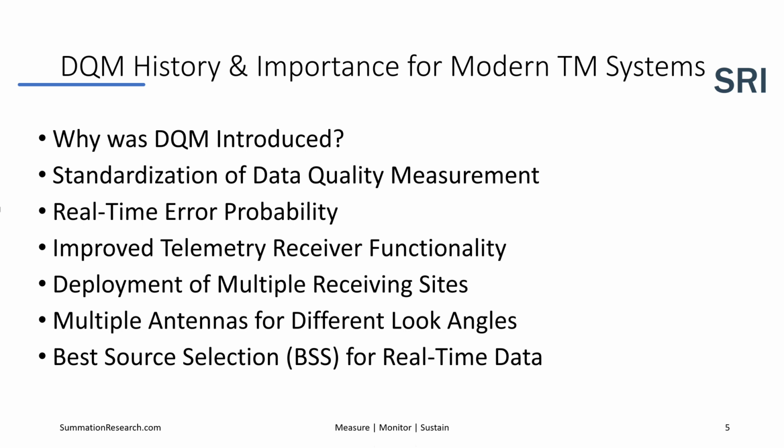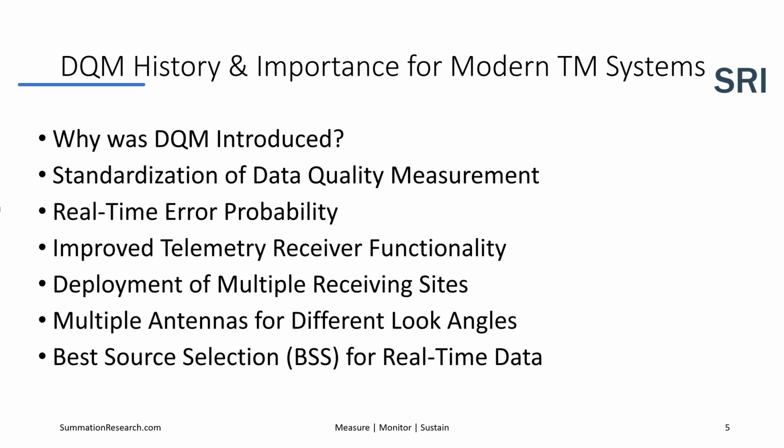Over time, ranges and the industry developed methods for determining how well the receiver, more accurately the demodulator, thought the link was performing without knowing the actual transmitted bits or having access to the pre-D analog signals. A format for conveying this information was standardized as a data quality metric, or DQM.